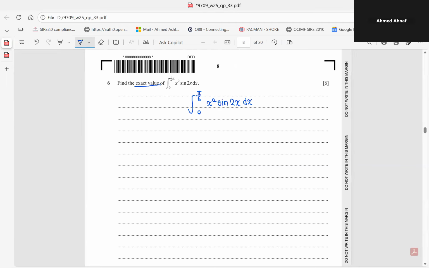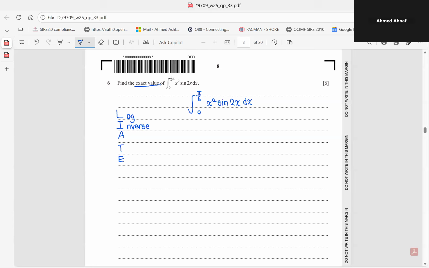One of the variables we need to choose to let be u, and the other has to be dv dx, which we have to integrate. To choose u, we have to remember this rule, LIATE. L stands for log, your logarithm functions like ln, and I is for inverse trig functions.